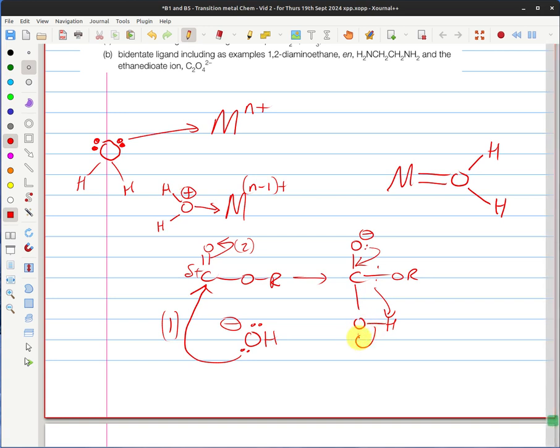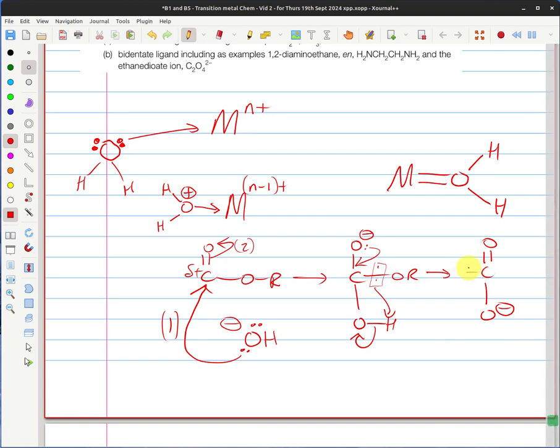It's probably a very bad way of doing it, but we'll actually end up with a pi bond restored. This group gets kicked off because that pair of electrons attacks the H, and we end up with an O minus. So this will be alkaline hydrolysis of esters. We'll actually end up with a carboxylate anion.